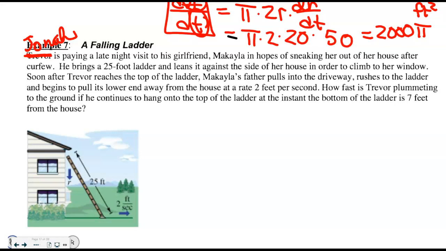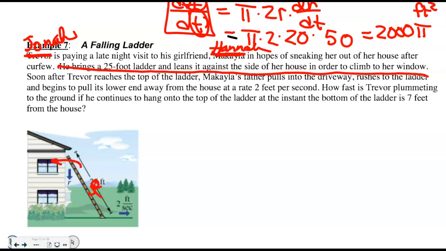So Jonah's going to pay a late night visit to his girlfriend, Hannah, in hopes of sneaking her out of her house after curfew. Naughty, naughty. He hauls a 25-foot ladder to her house, leans it against the side of her house because he's going to climb up it and go into her bedroom.